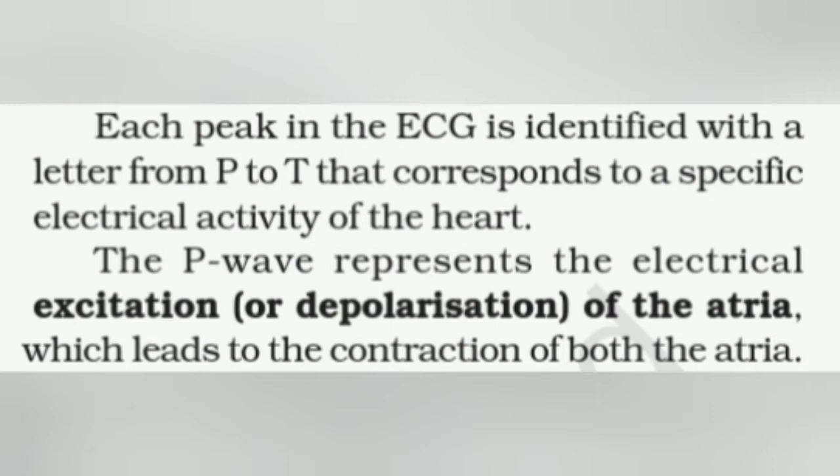See, the P waves represent the electrical excitation of the atria, that is depolarization of the atria, which leads to the contraction of both the atria, that is atrial systole.